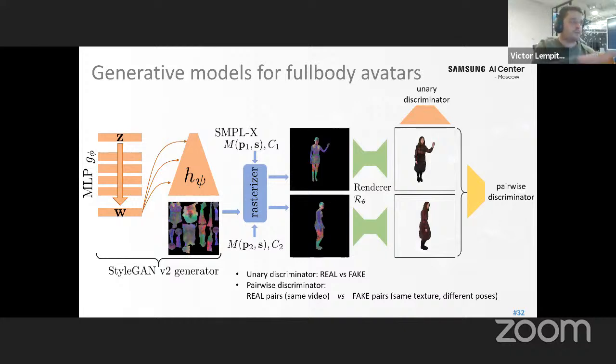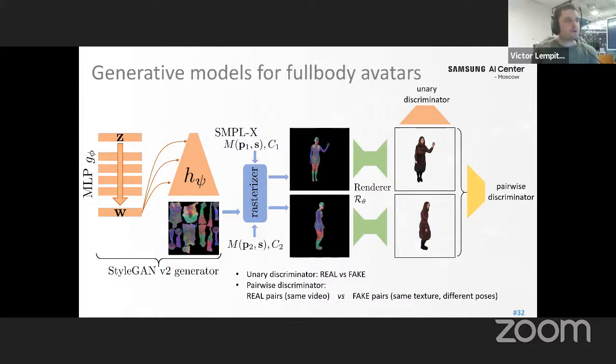So we have this pipeline: StyleGAN generator, the rasterizer, which wraps neural texture over the SMPL-X mesh, the renderer network, and we train all this pipeline against the discriminators end to end. Note that here we don't need differentiable rendering because we only backprop to the texture. We don't modify the SMPL-X parameters.